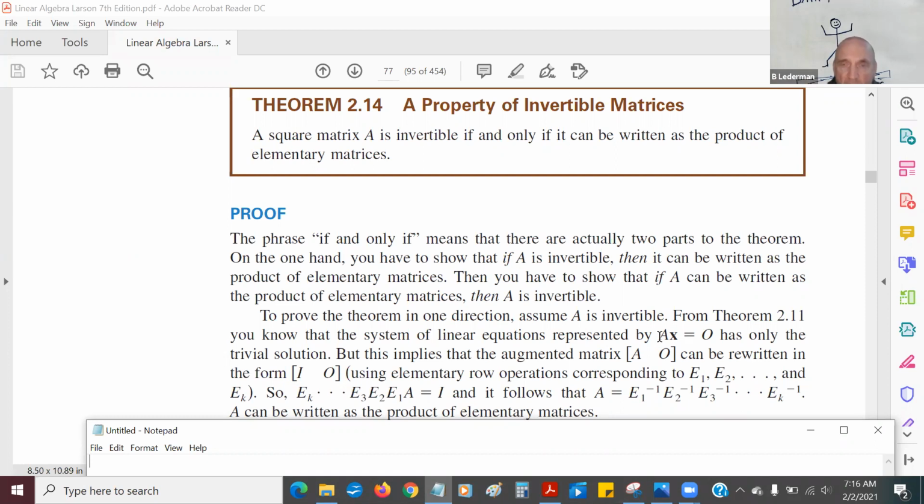So now we have a set of linear equations of the form AX equals 0. Now, X here is not one letter. X is a column of variables. And this has only one solution based on theorem 2.11. But what is that one solution?